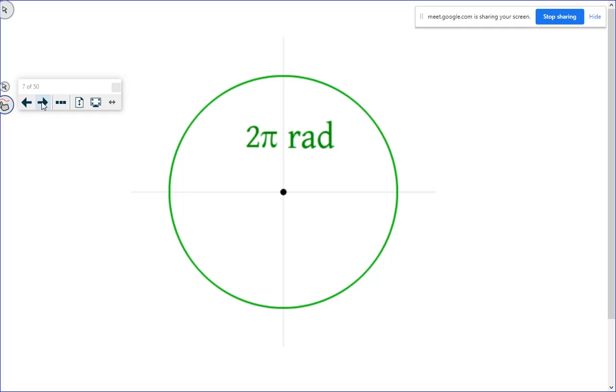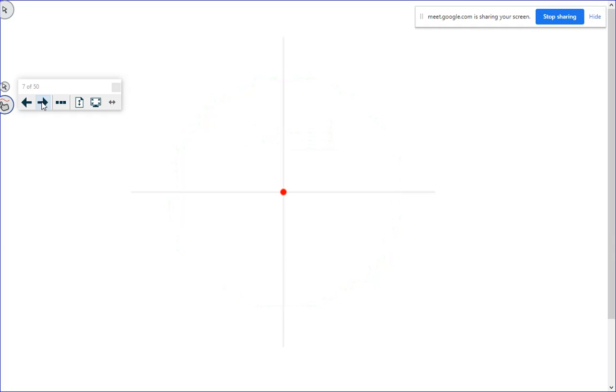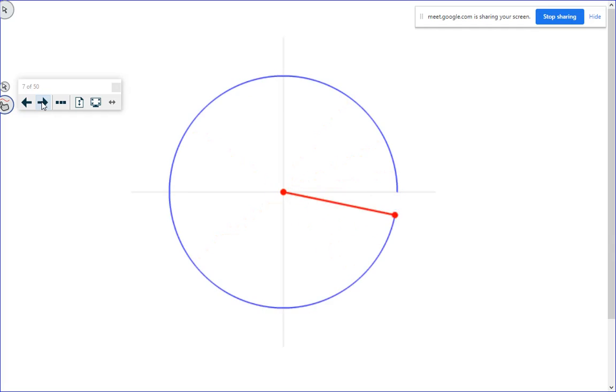But look at this thing that I'm talking about at the beginning. I'm going to let it repeat. So the angle from that red line that just went up to the next line that's going to be drawn, those 2 green lines, that angle is 1 radian.